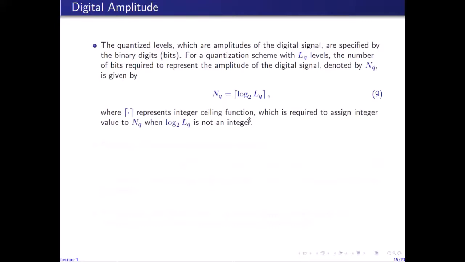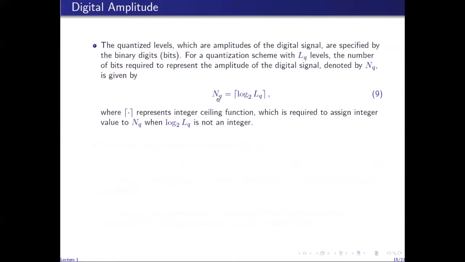The integer ceiling function takes the number to the next largest integer. For example, the ceiling of 4.6 will give me 5, the ceiling of 5.2 will give me 6, and so on. So if I have 4 quantization levels, then I will need 2 bits.